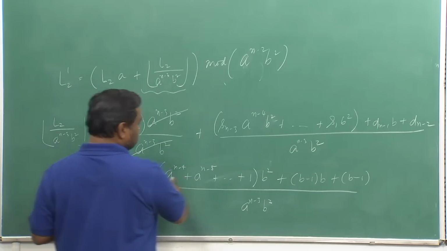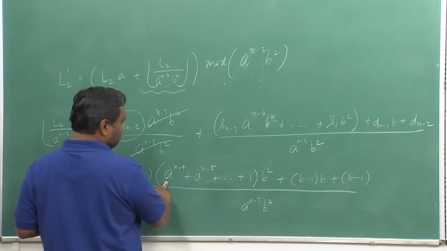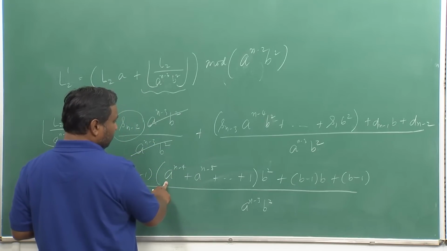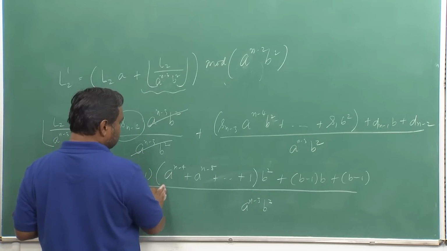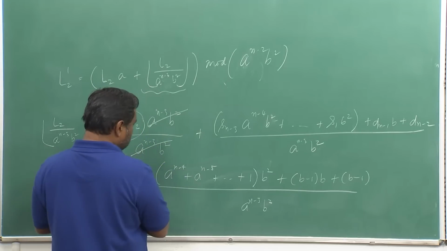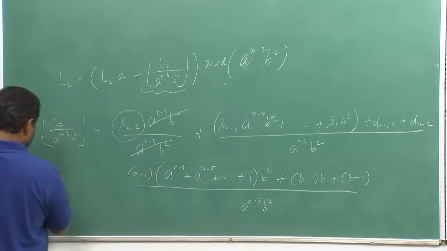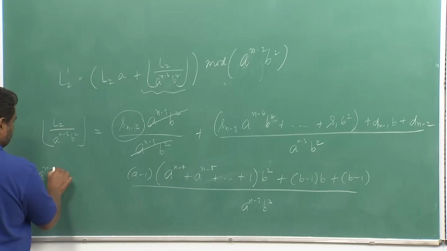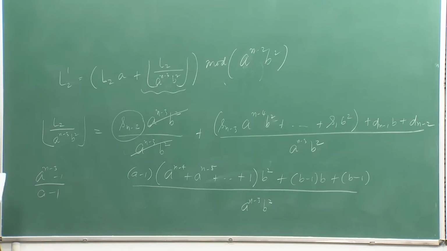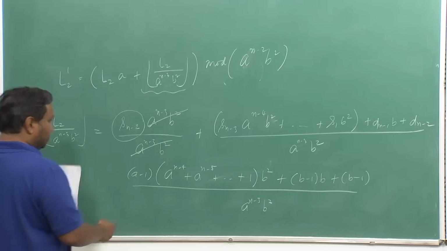So, this series actually has a total number of terms of n minus 3. So, if I do the sum of this it will turn out to be nothing but a raised power n minus 3 terms minus 1 divided by a minus 1. Okay. So, I can just replace it here.